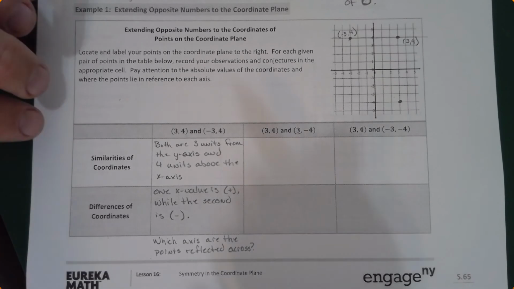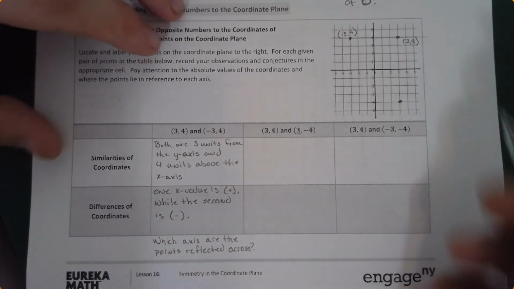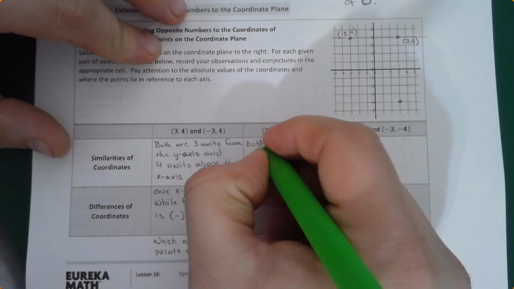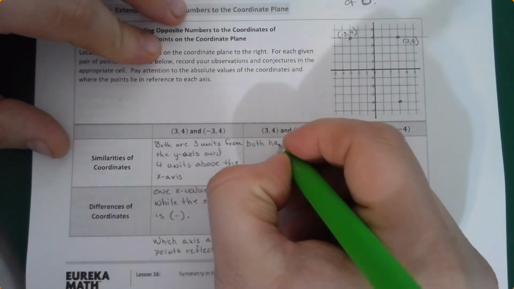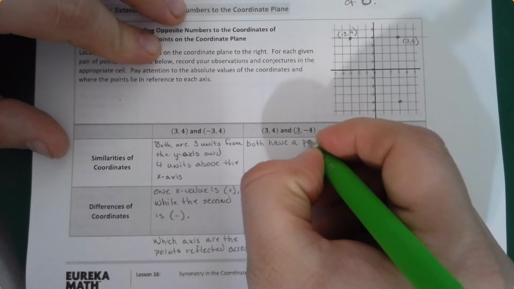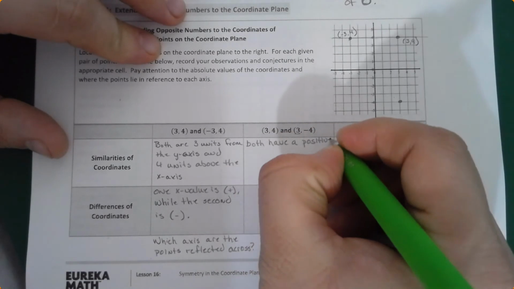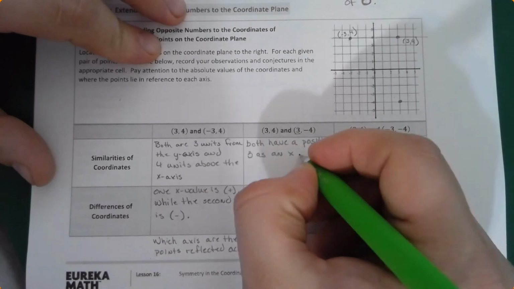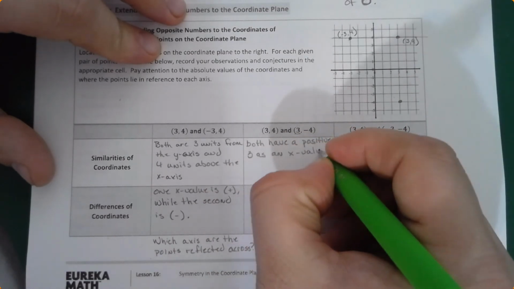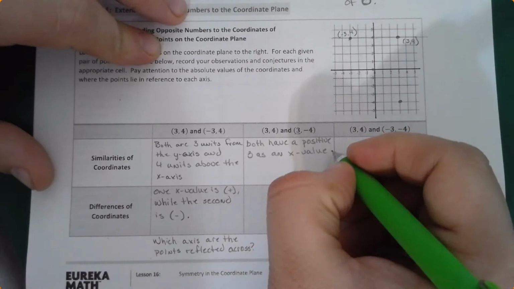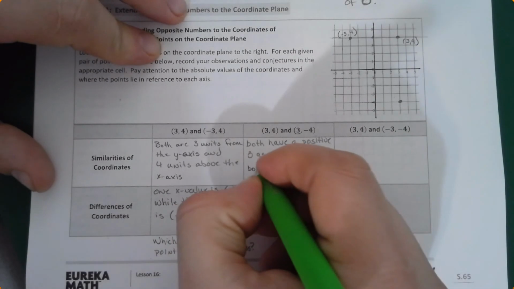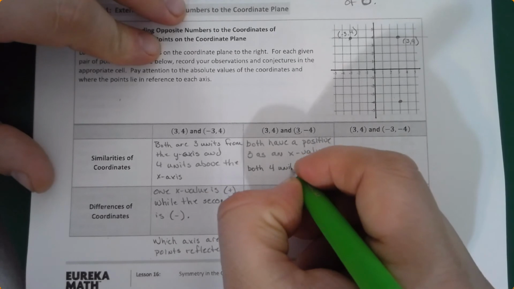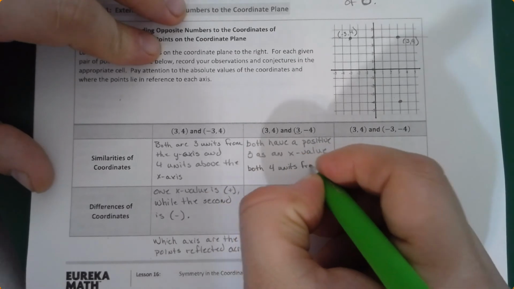Some of the similarities: both have a positive 3 as an x value. Both are 4 units from the x-axis.